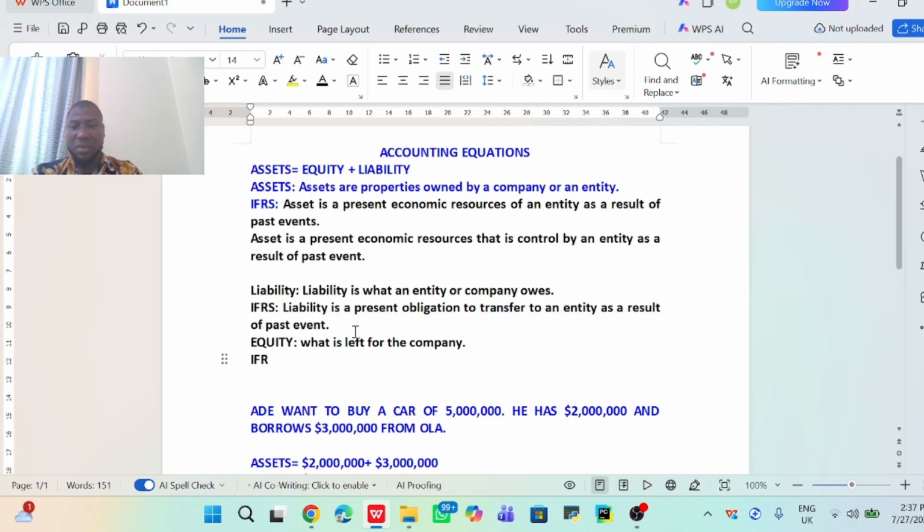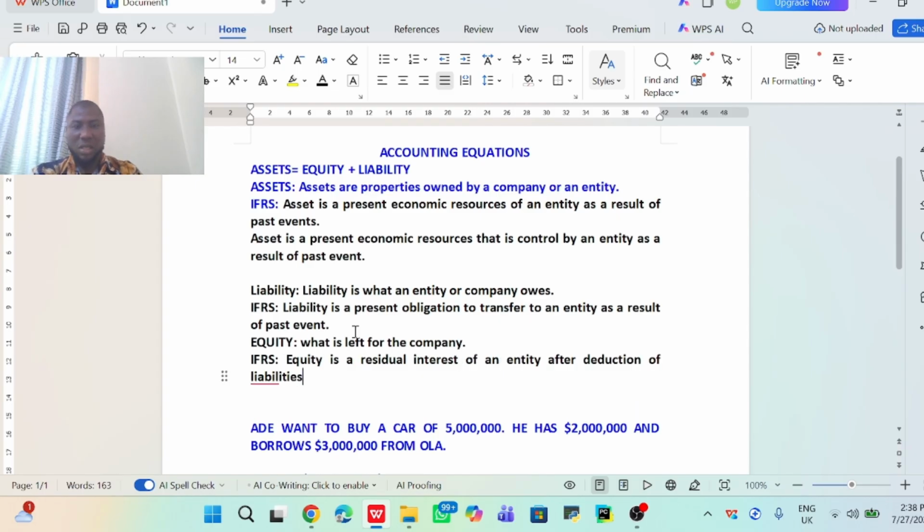According to IFRS, equity is a residual interest of an entity after deduction of liabilities from the assets.